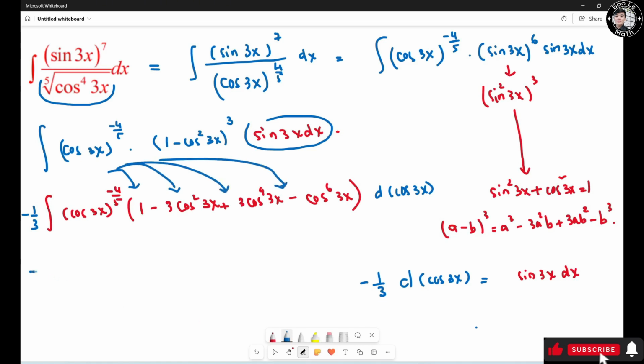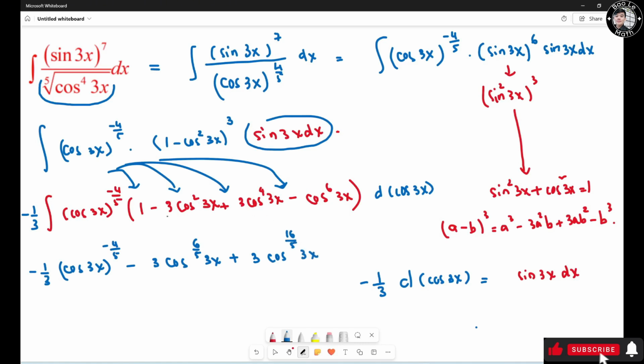Alright, so it turns out to be negative 1/3 cosine of 3s altogether raised to the negative 4/5, right? Minus 3 cosine of negative 4/5 plus 2 is going to be 6 fifths, 3s. Now, plus 3, negative 4 fifths plus 4 is going to be cosine to the 16 over 5, 3s, right?